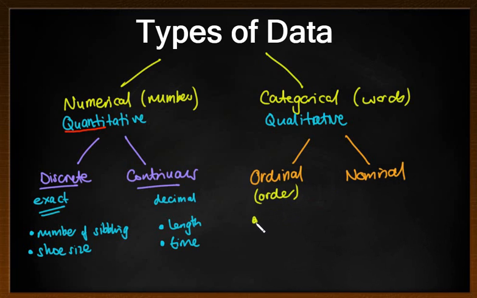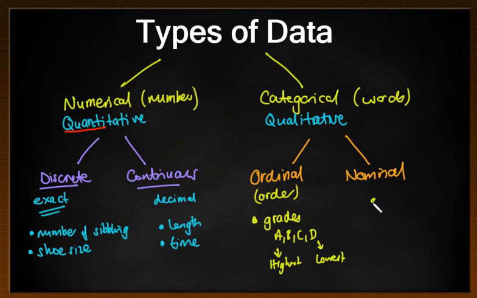So if we look at categories such as your grades in a test, you might get an A, a B, a C, and a D. They're not numbers, but they are letters, they're words. But they can be placed in some type of order, with A being the highest and D being the lowest. So you can place those in some type of order.